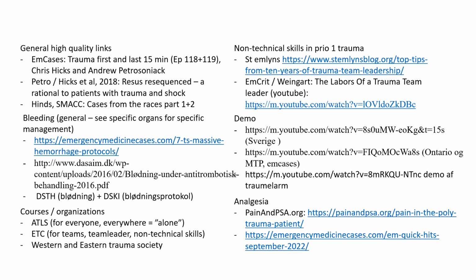But ATLS is more like if you're alone somewhere, it's not as team based. Whereas ETC, the European Trauma Course, is more team based. You're the team leader, and you do utilize a lot of non-technical skills. All right. So these are two different courses. They do a little bit of different things, but they're usually thought of as the same kind of level.